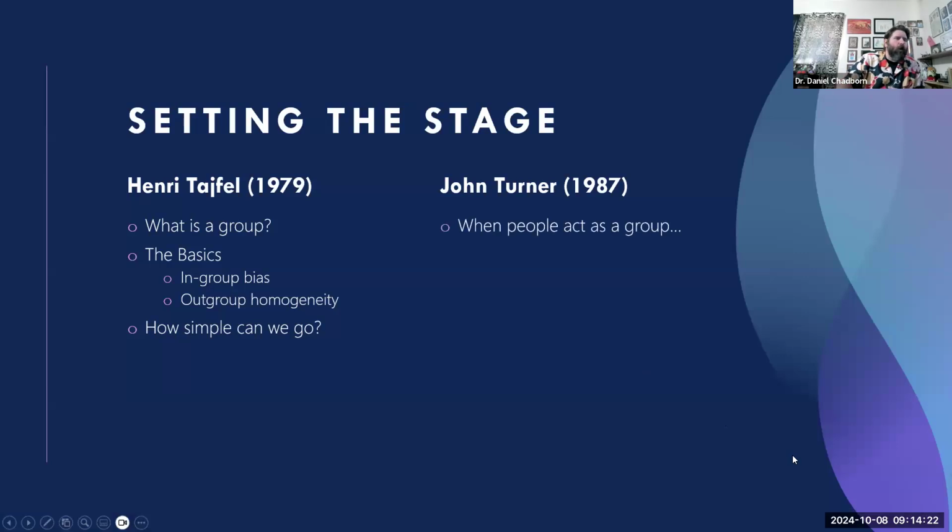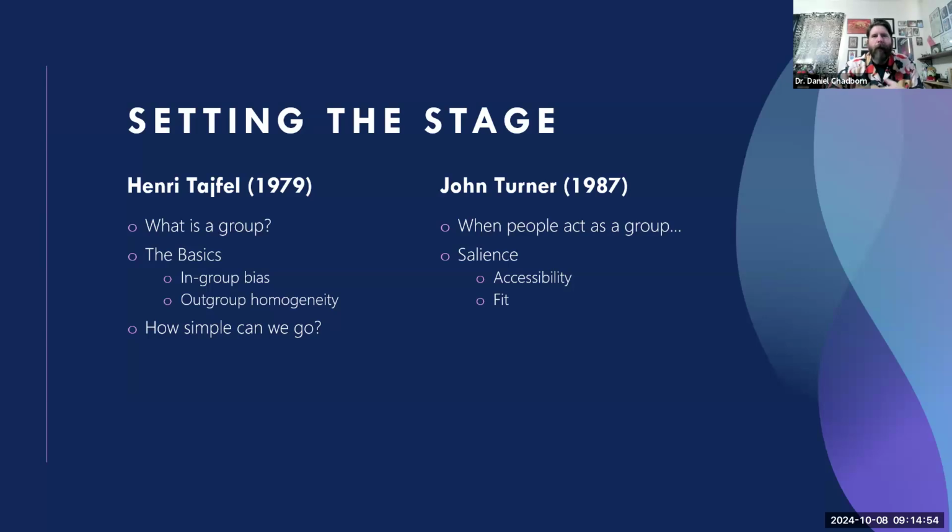Turner expands social identity theory into what's called self-categorization theory. That basically defines what happens when people act as a group. What he's really interested in is what happens when your identity becomes salient, so at the forefront of your mind, and he says that the prominence or power of the group when it becomes salient is tied to two big things: accessibility, so how easy is it for you to think of yourself as a member of the group?